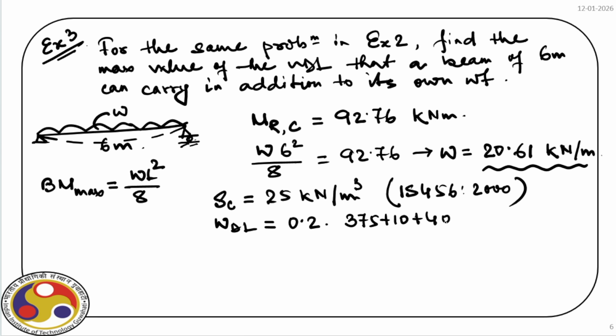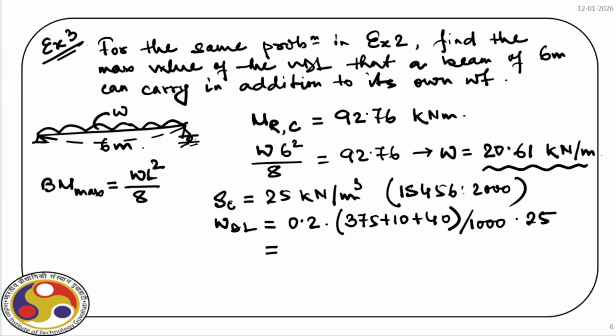There is a specific clause for clear cover, but for the timing, let us assume it to be 40 millimeter clear cover divided by 1000 is the total depth of the beam. Now that times 25 is basically the UDL coming from dead load.